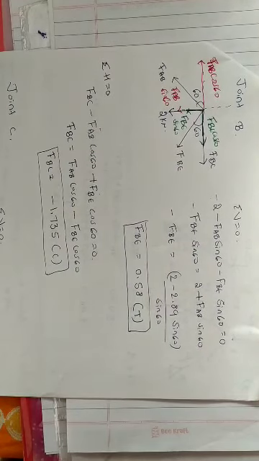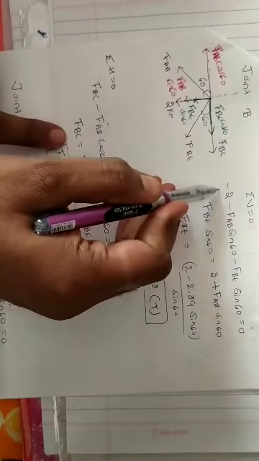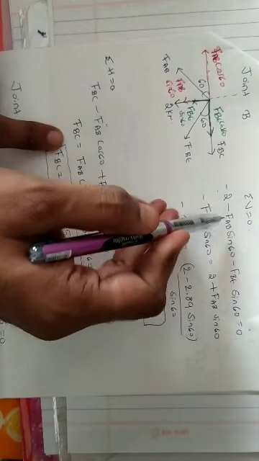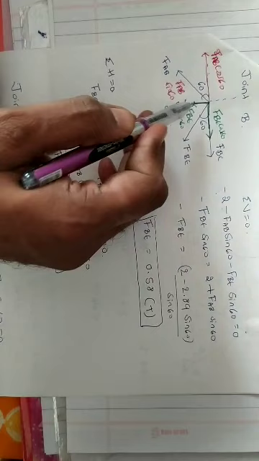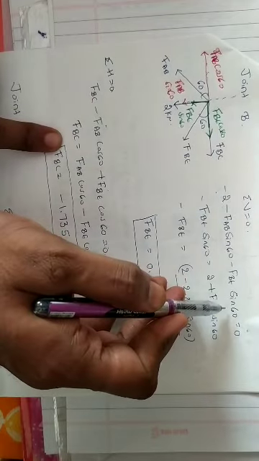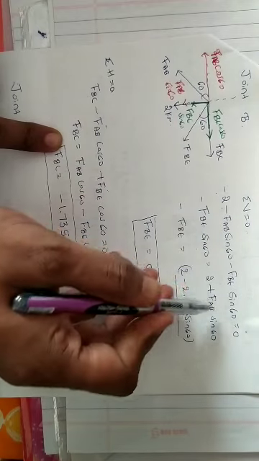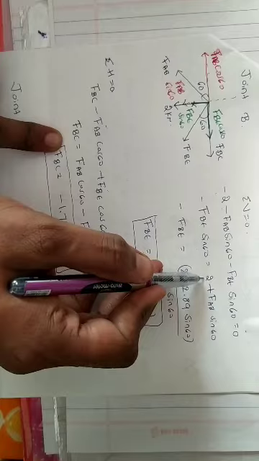Okay, so now we have to use the condition summation of vertical forces is equal to 0. So vertical forces is 2 kilonewton acting along negative y-axis or vertical downwards, so we'll write minus 2. Now FAB sine 60 acting along negative y-axis, so minus FAB sine 60. Similarly, minus FBE sine 60 is equal to 0. So minus FBE sine 60 is equal to plus 2 plus FAB sine 60, as it is.